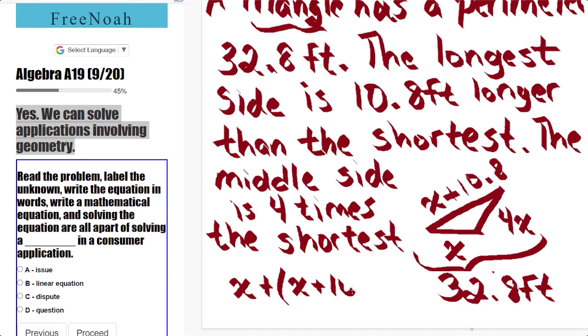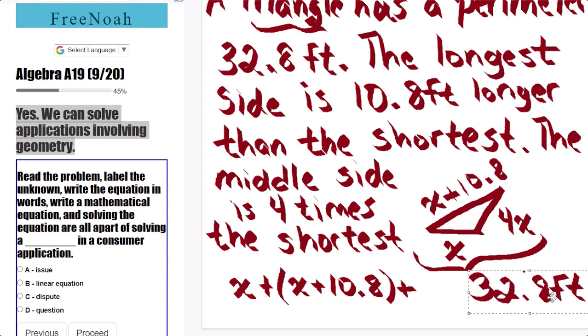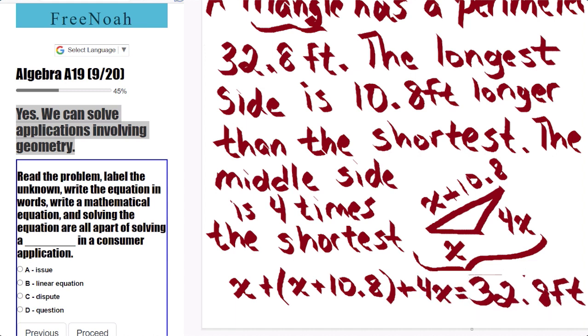Let's write our algebraic equation here. So we have x plus the longest side, which is x plus 10 and 8 tenths, plus 4x equals 32 and 8 tenths.